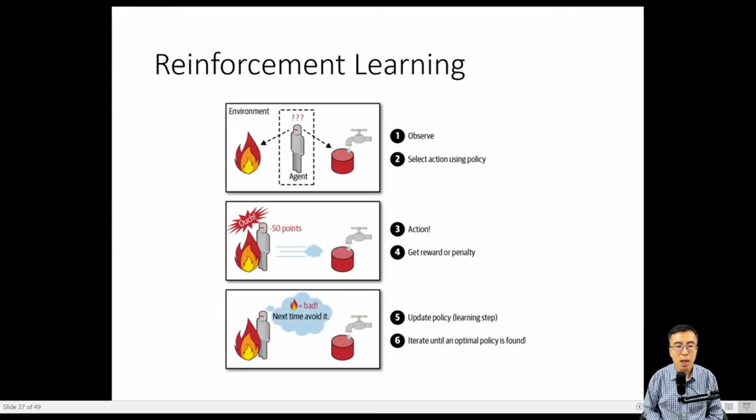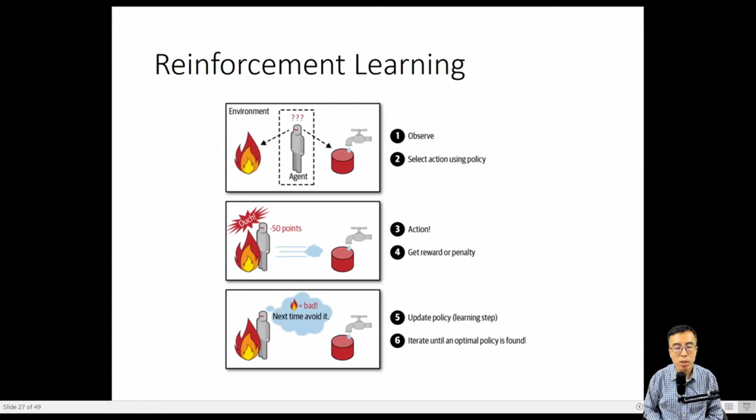The 4th type of machine learning is called reinforcement learning, in which an agent is trained to choose some options based on certain incentives. So here in this textbook example, the agent tries to make a decision whether to approach the fire directly or to grab some water and then put out the fire.